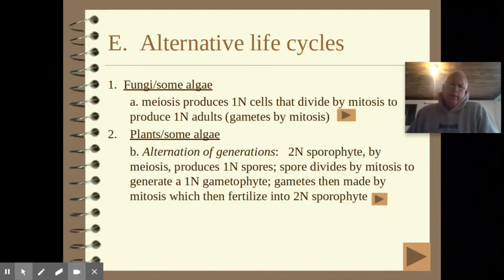Plants are kind of different too. They use a diploid 2N sporophyte, which produces the spores, and that produces a haploid spore, which then floats in the wind or travels by the water or by bees, and then it fertilizes, and then that divides by mitosis and produces a gametophyte, a gamete.